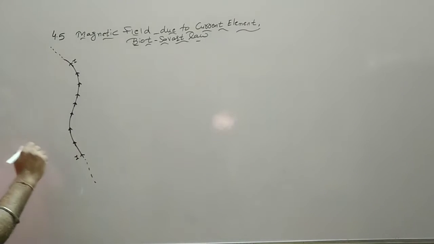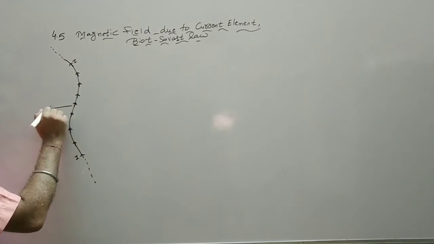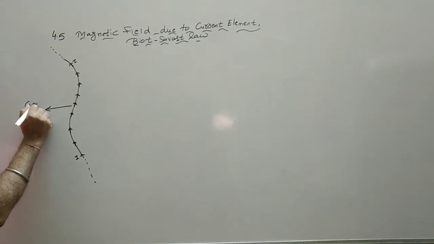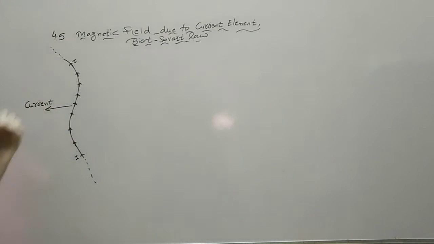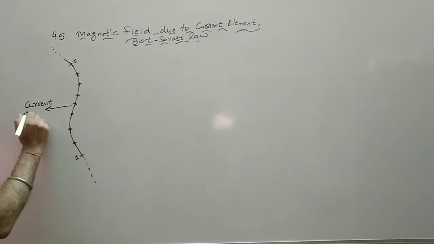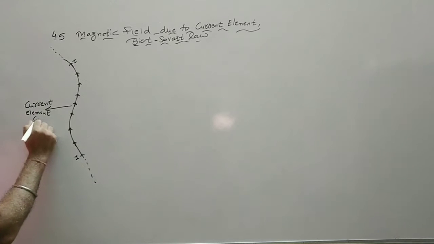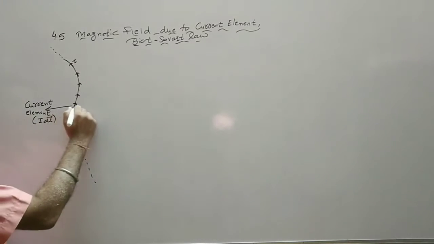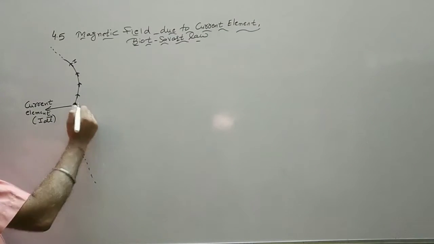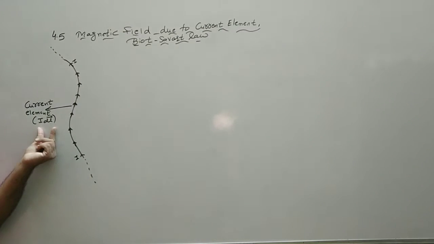Now each element is referred to as a current element. We represent this small element, or we call this a current element, and it is written as I dL vector. So let us consider this current element I dL vector.